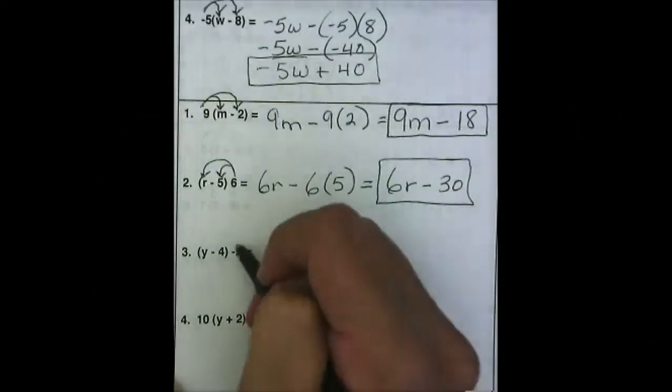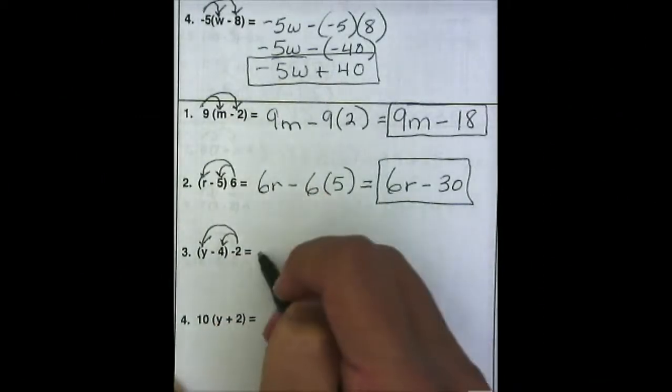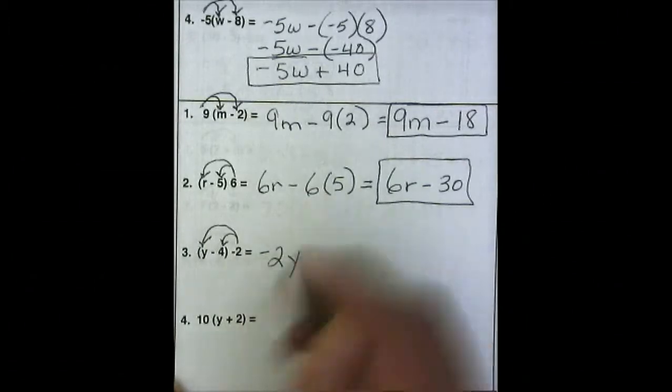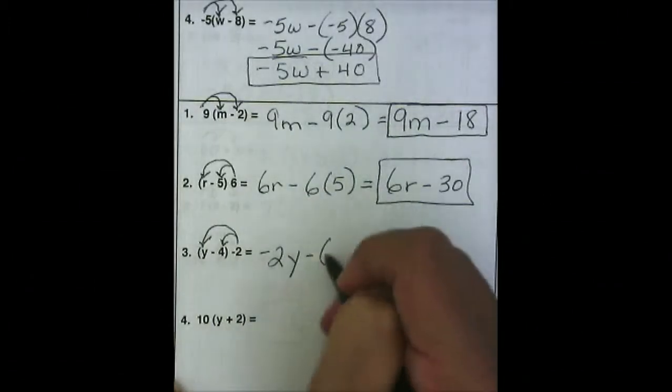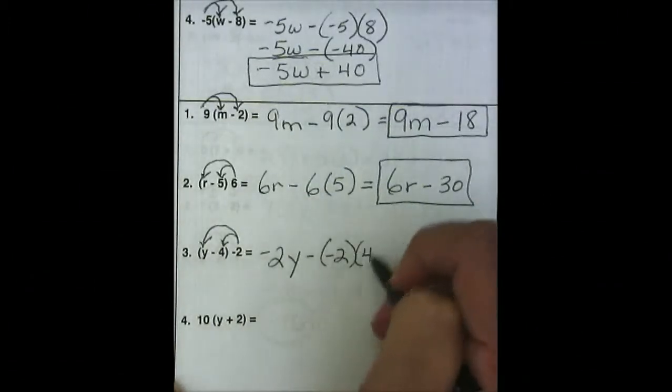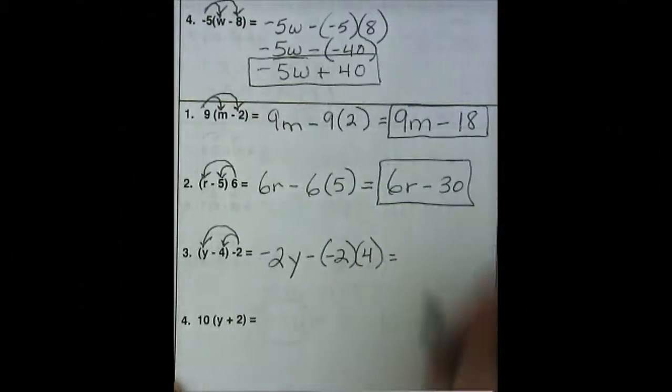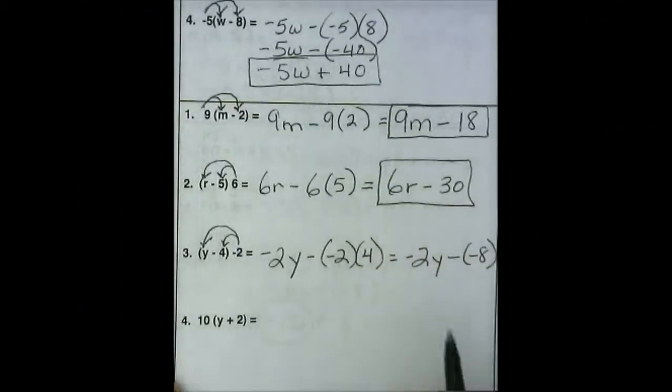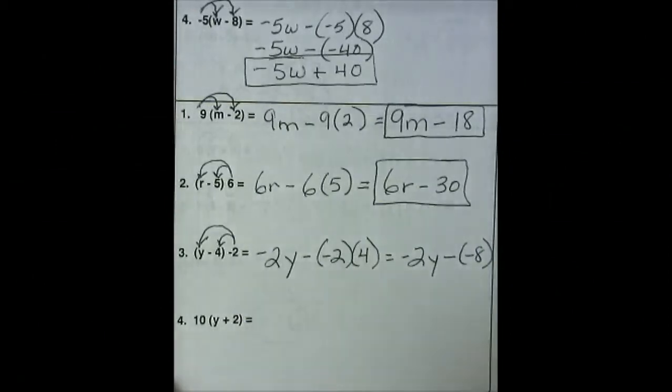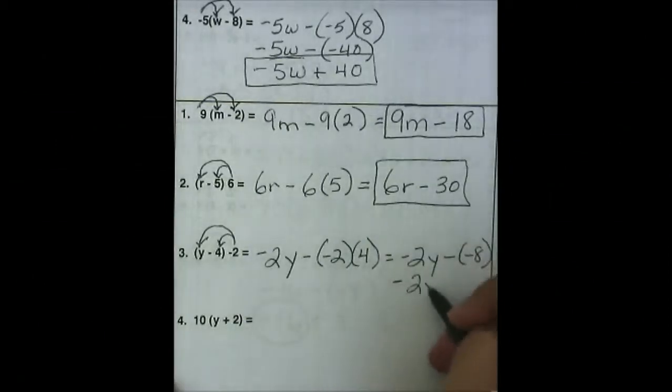On number 3, you should have taken negative 2 times y minus negative 2 times 4. So negative 2 times y is negative 2y minus negative 2 times 4. Get negative 2y minus negative 8. Then we need to use our same opposite rule because we want to have the best answer.